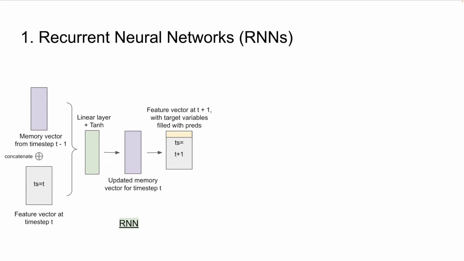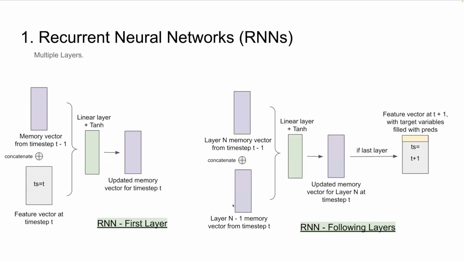If we want to stack multiple layers, which is where the expressiveness of deep learning comes from, you'll make some changes for the first layer as well as for the subsequent layers. For the first layer, what you care about is just updating this memory vector.